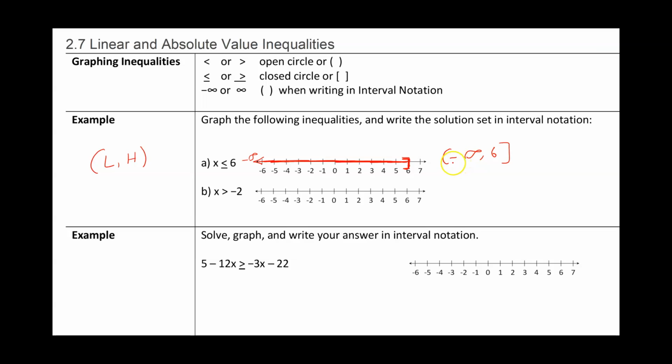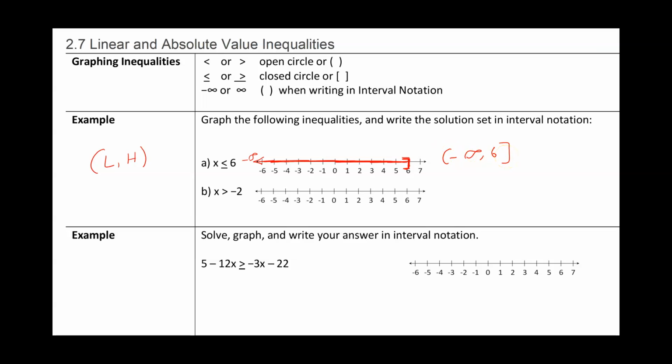For negative infinity, we always use a parentheses because infinity is a concept that numbers keep getting infinitely small. It's not an actual number, which means we cannot include it in our solution set. So we always use a parentheses when we approach negative infinity or infinity. But the number 6 is included, so we will use a bracket. And notice the order is the same as shown on the graph: negative infinity, comma, 6.